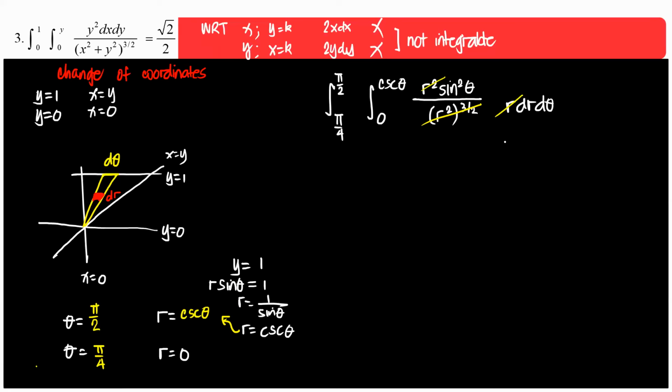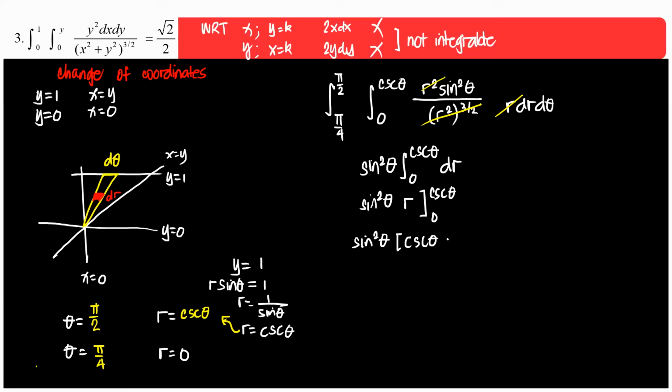Since we are integrating with respect to r, we can just bring the theta part out. So sine squared theta, integral from 0 to cosecant theta dr, that's the first integration. So sine squared theta, r from 0 to cosecant theta, sine squared theta times cosecant theta minus 0, it just cancels one of them.